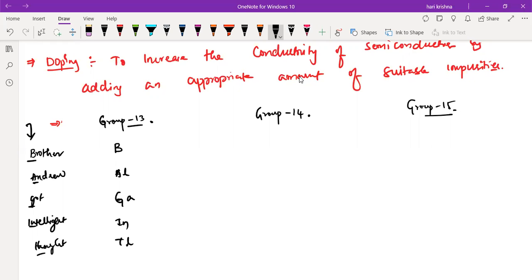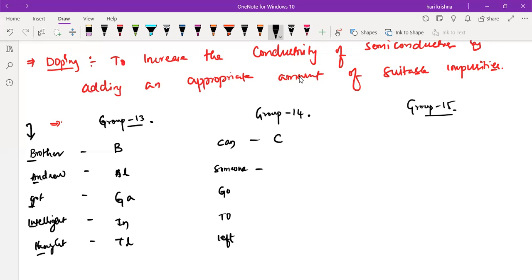Next, anyone group number 14? Okay, I'll write the statement here. At least with the help of starting letters, can you tell me? What is the first one?